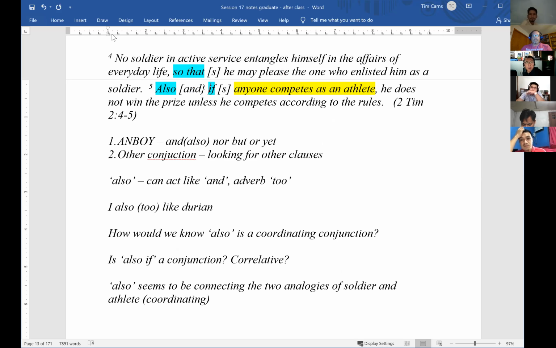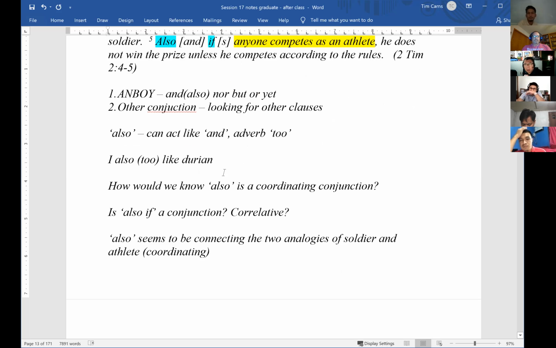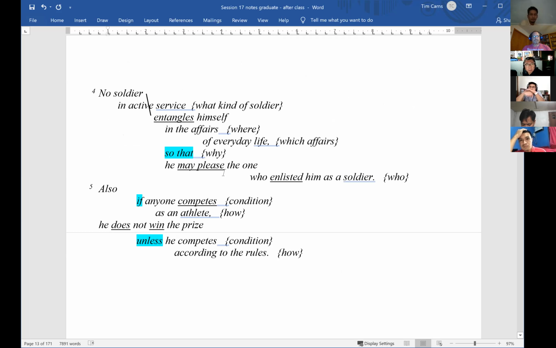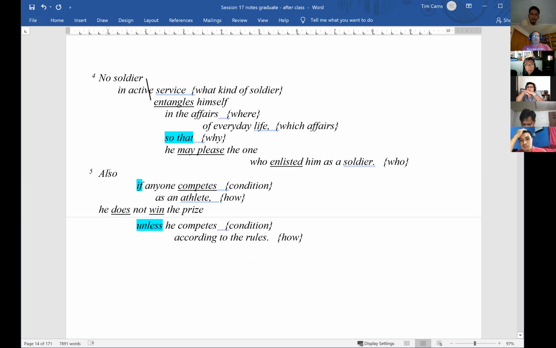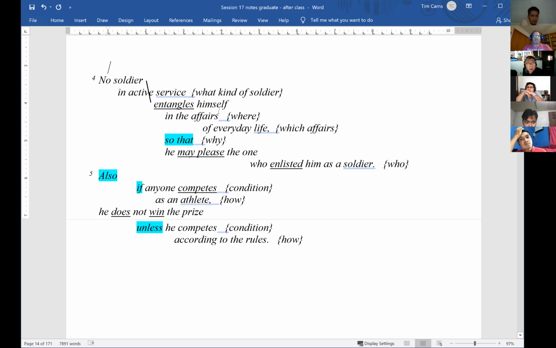So let's see what's going on here. Let me just throw you the diagram. All right, I think the first verse is fairly clear: no soldier entangles himself. That's the main independent clause. Soldier is my subject, entangles is my verb.